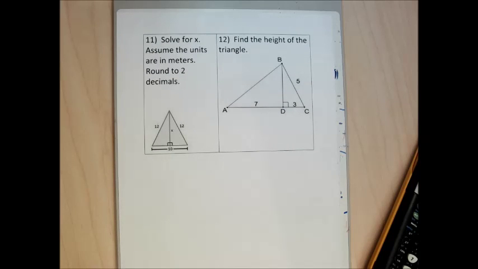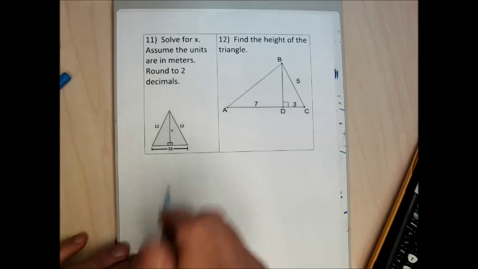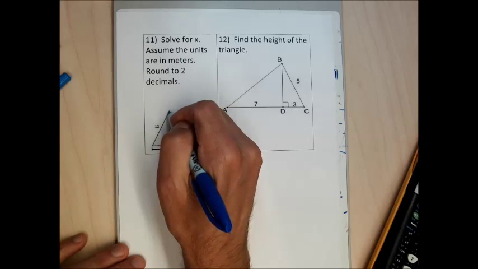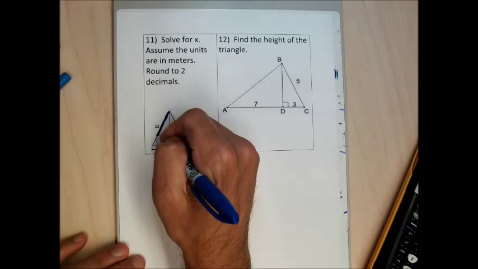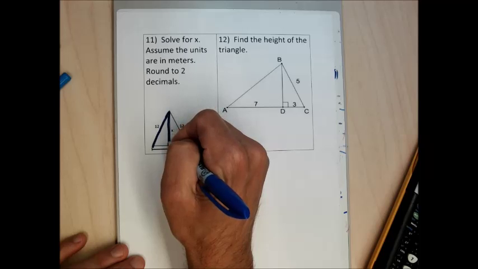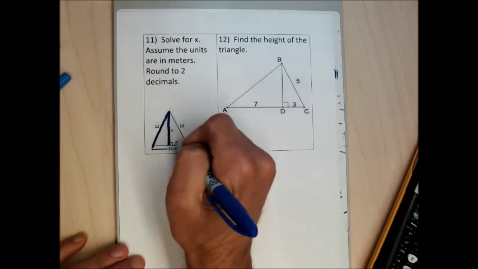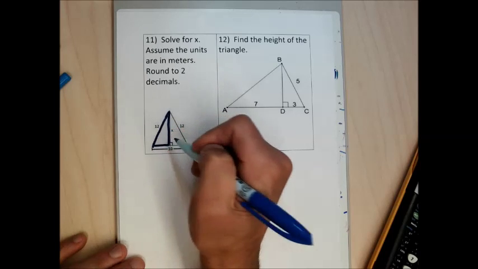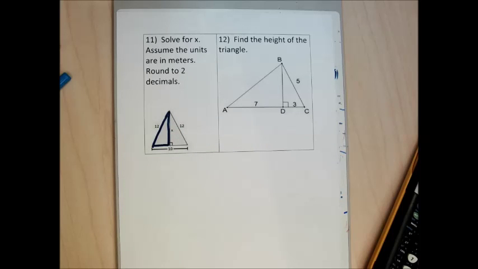All right, when you go to do problem 11, you're going to have to make an assumption. We're going to try to extract a triangle. My goal is to solve for x. The x is the length of the height. And you're going to need to create a smaller triangle from the bigger triangle. And the triangle that I might suggest is the triangle that I've just drawn.